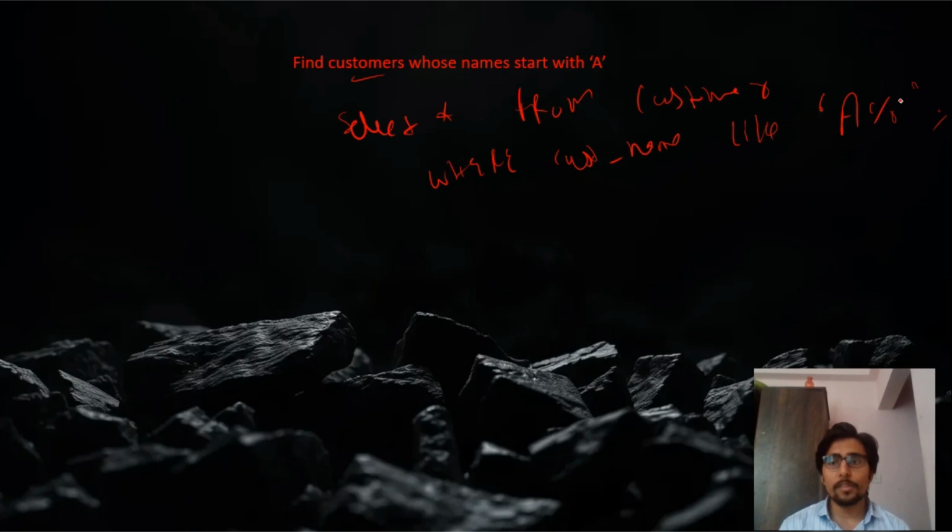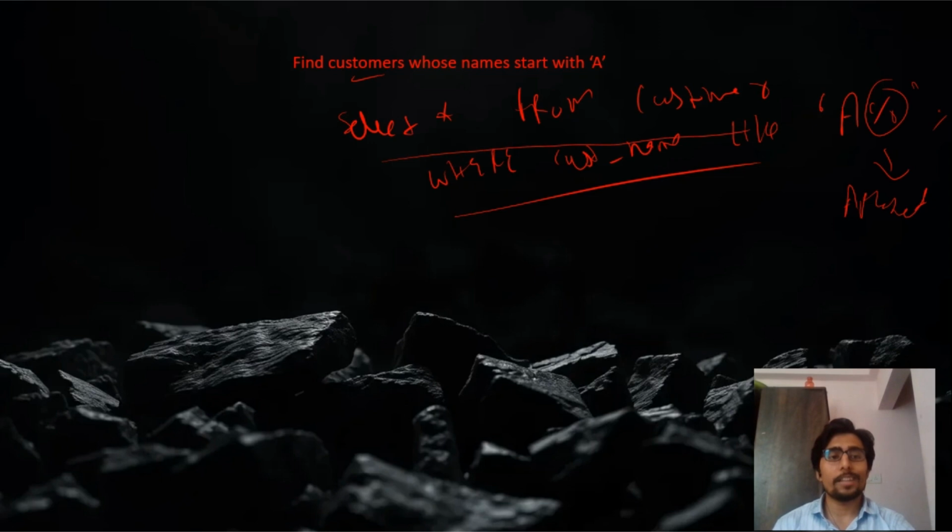Here A% means it can be any alphabet after A, B, C, D, E, F, even A can come, not an issue. Anything after A, any name starting with A, will come from this query. So this was a very good example of that query.